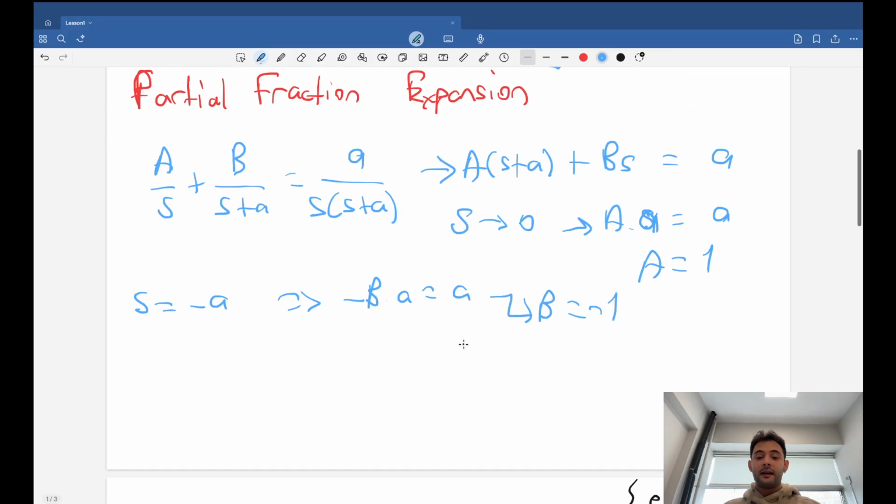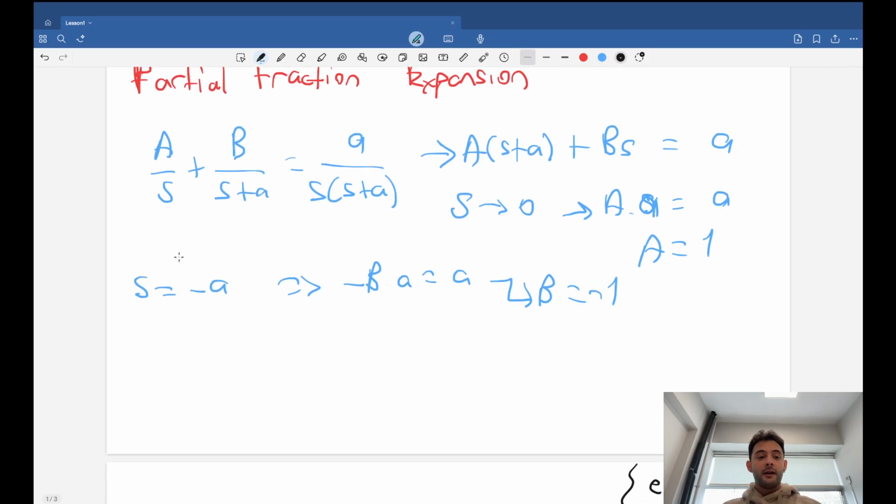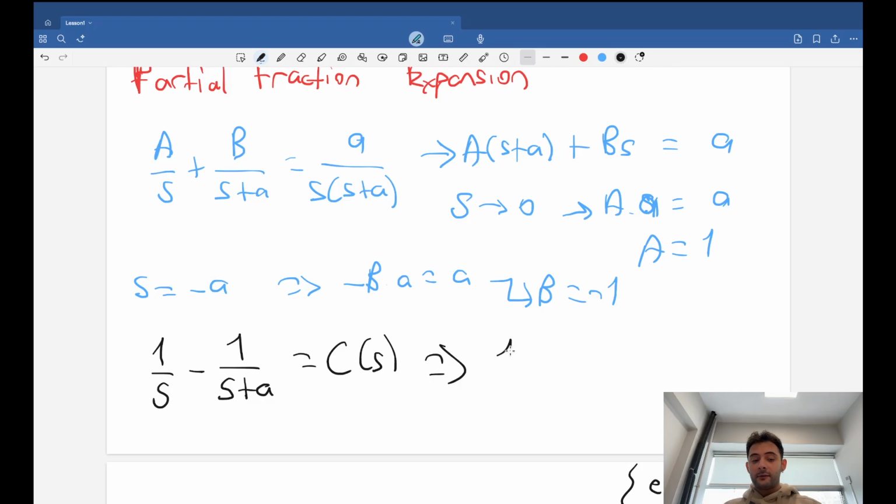So at the end of the day, let's go back to the black marker. A is 1, so 1 over s, minus, since we found B is minus 1, minus 1 over s plus a is my final C(s). And it is so easy now to convert it by inverse Laplace to the time domain. 1 over s in time domain is 1.